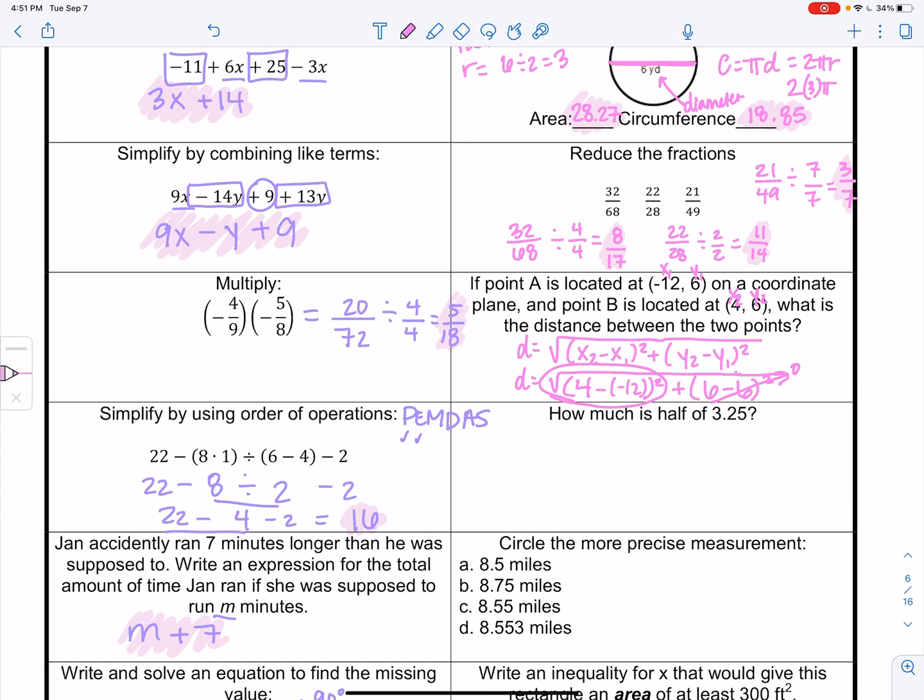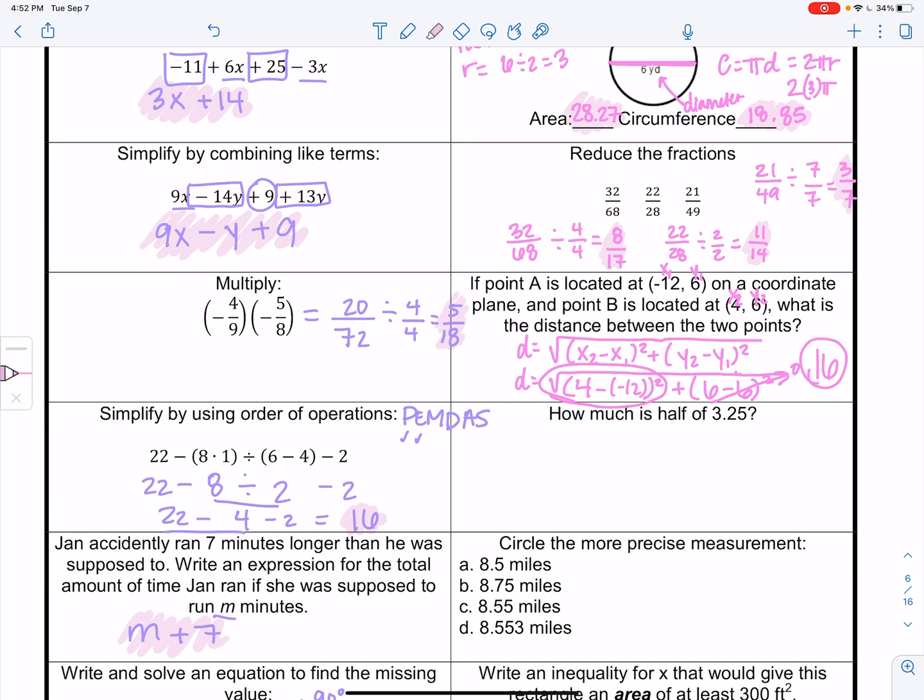So you'll have the square root of 4 minus a negative 12, and you're going to square that. And I got 16 as the distance between those two.